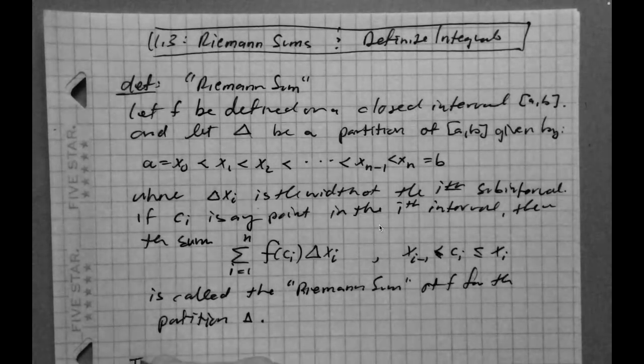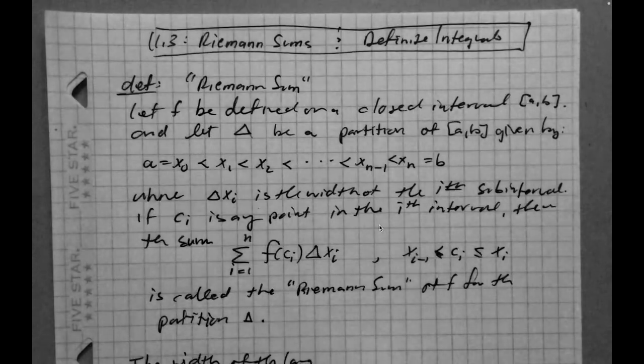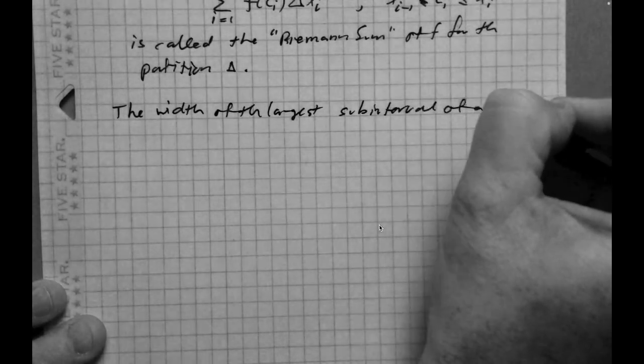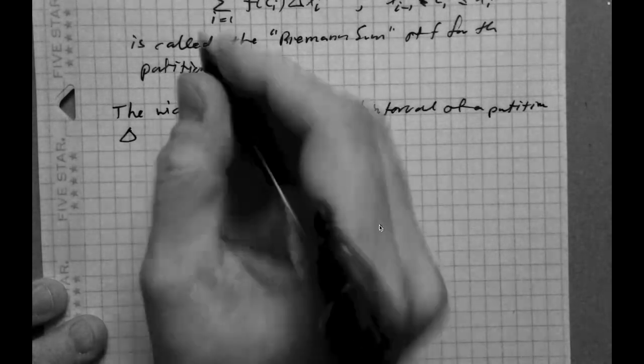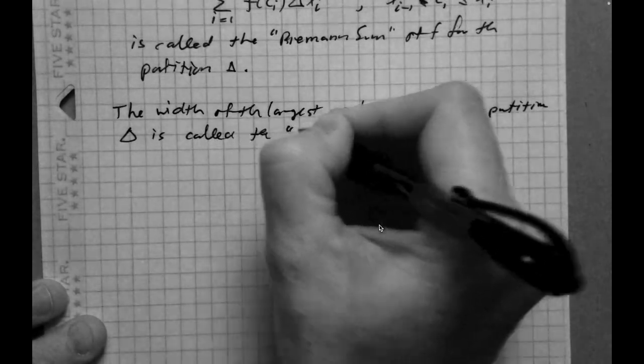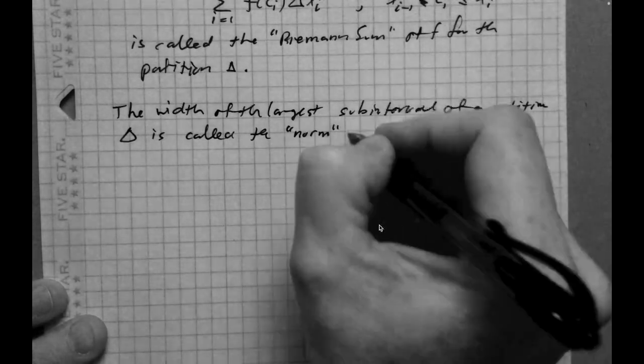The next statement is that the width of the largest subinterval of a partition delta is called the norm of the partition.